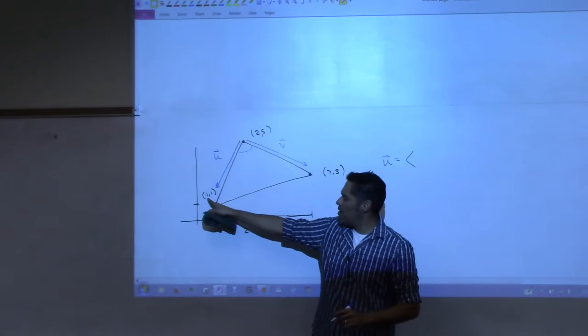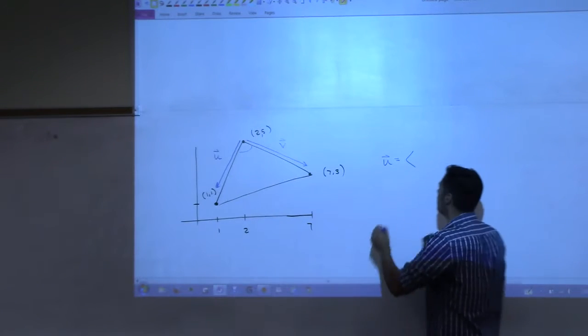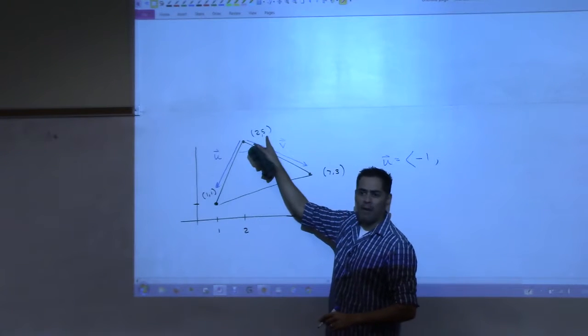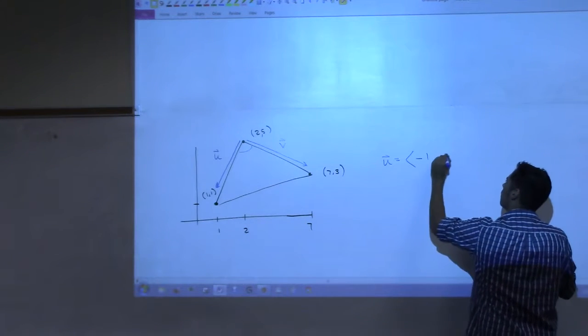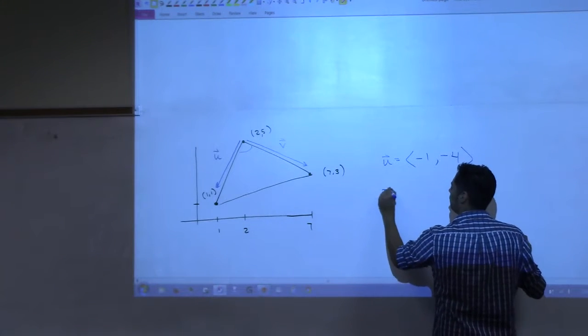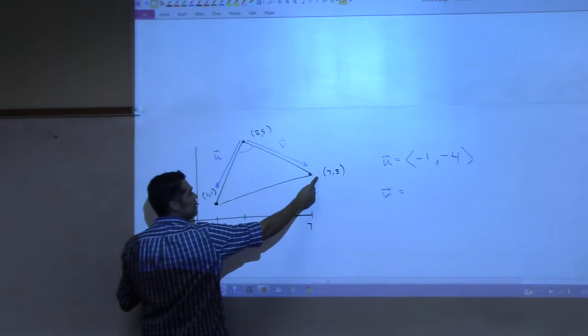So our vector U should be what? You take the x-coordinate here, 1, subtract 2, and you get -1. Then take 1 and subtract 5, and you get -4. That's our vector U. What's our vector V? It goes from here to here, right? So it's 5, -2.